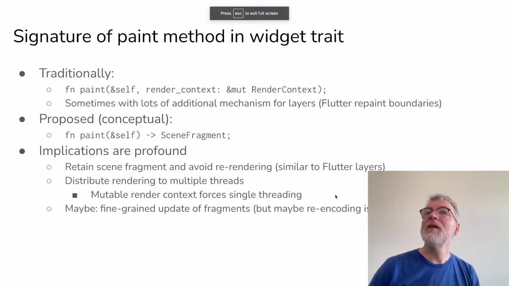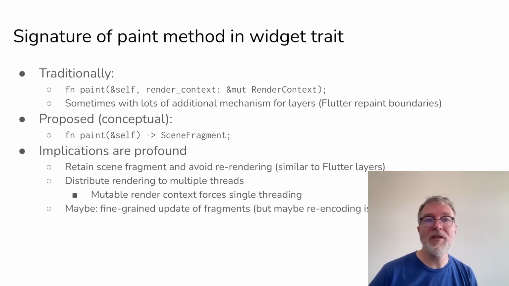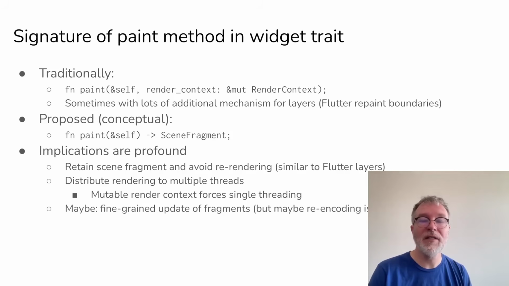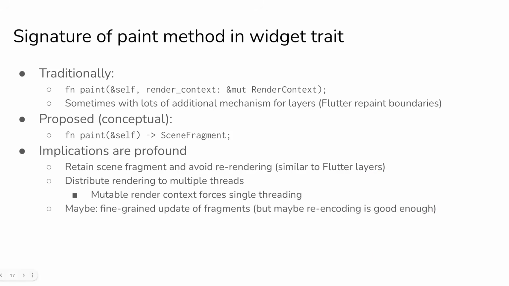Cool. So yeah, I wanted to talk a little bit about this idea of the paint method generating a scene fragment. Traditionally, you're taking a mutable render context, and usually you have some other mechanisms in place, like in Flutter, you have these layers and these repaint boundaries. So if you have content that's not dynamically updating, then you want to render those to a texture.